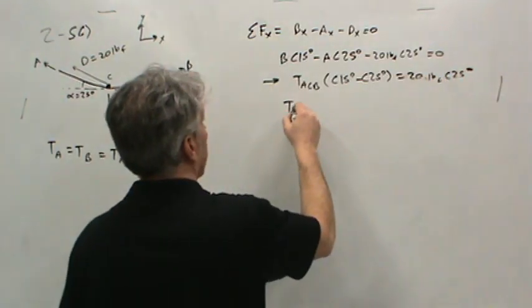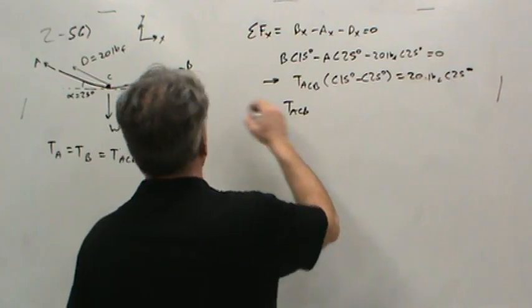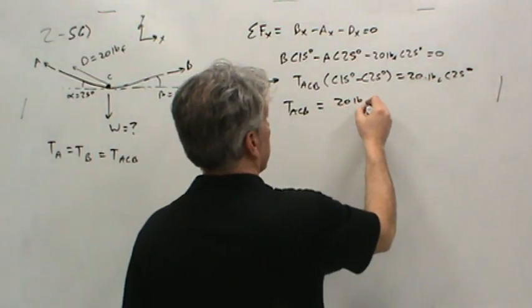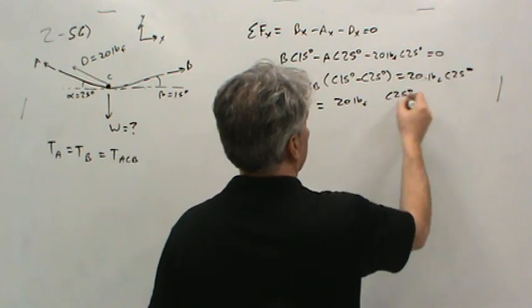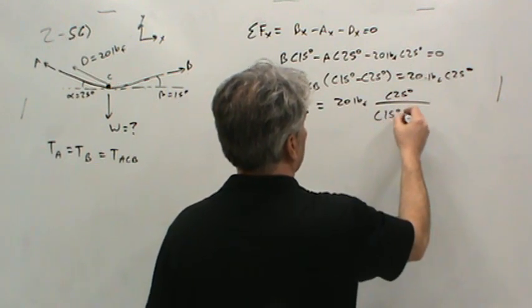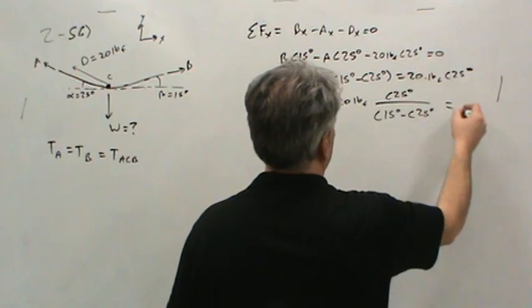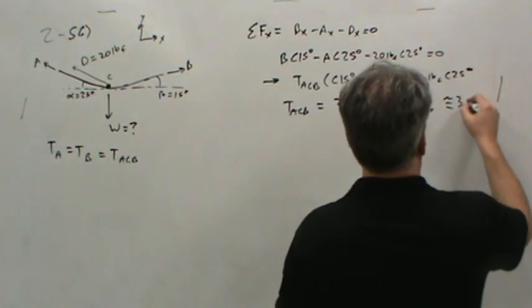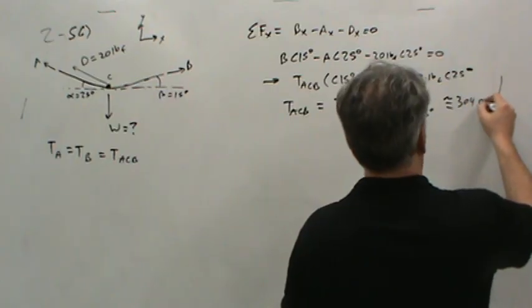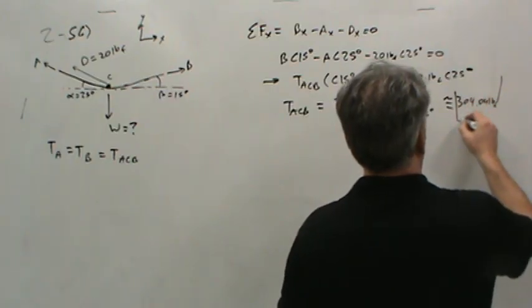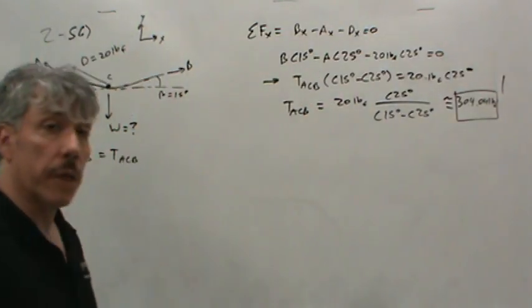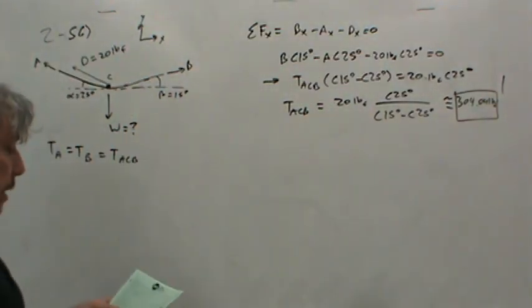Calculating the tension in cable ACB is pretty easy. It's 20 pounds multiplied by cos 25 degrees divided by cos 15 degrees minus cos 25 degrees. When you plug that into your calculator, you find the tension of the cable is about 304.04 pounds, a fairly high force by comparison to the pulling force acting on the pulley.